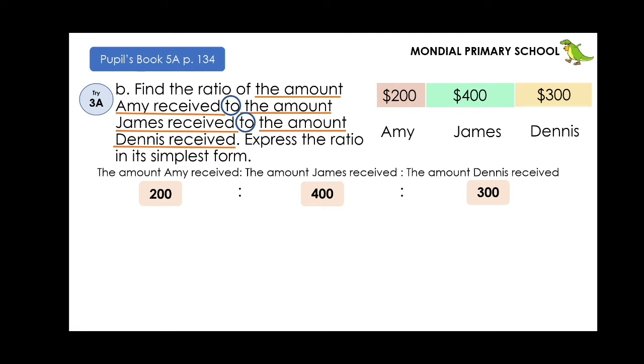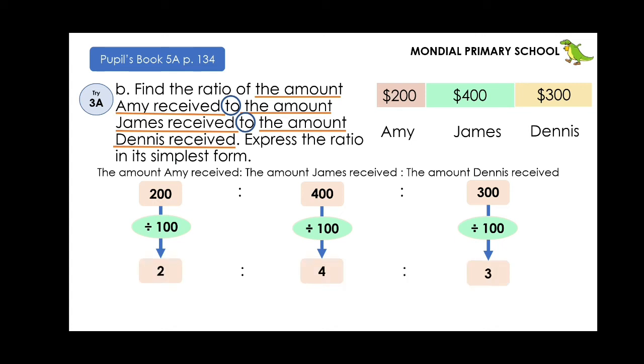Brilliant! So we divide 200, 400, and 300 by 100 to express the ratio in its simplest form. What is the ratio in its simplest form then? 2 to 4 to 3.